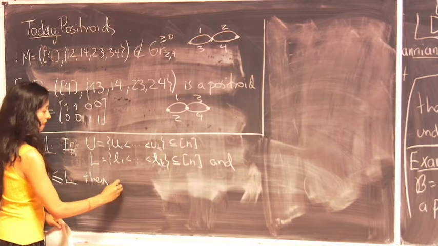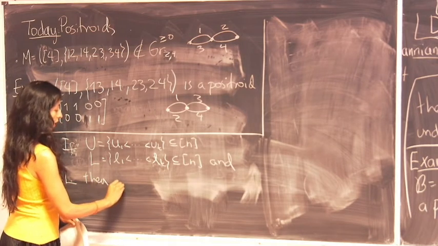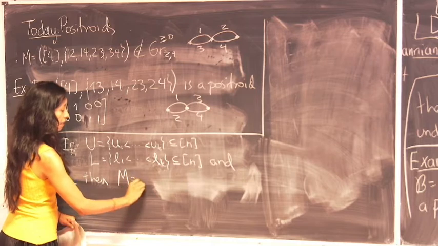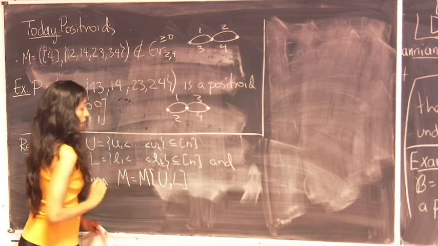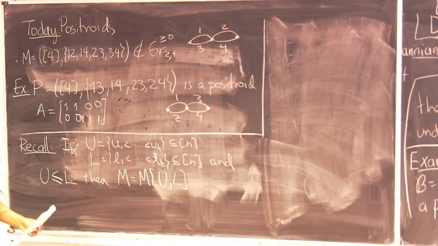Then we just said that these two define a matrix. And so what is neat about this?